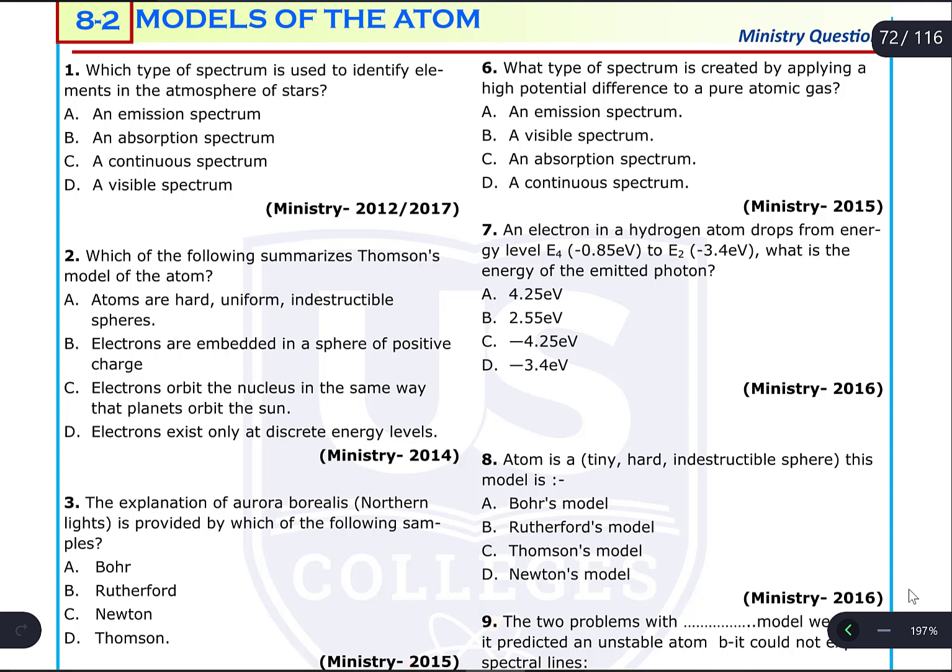In this lesson, we will answer the questions about the section, models of the atom. Question number 1. Which type of spectrum is used to identify elements in the atmosphere of a gas?